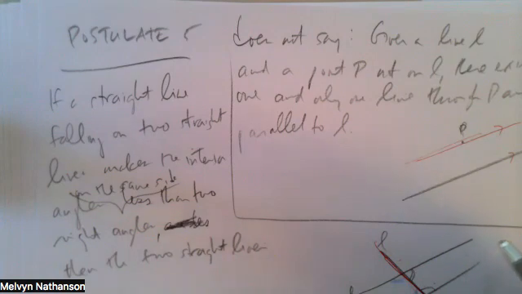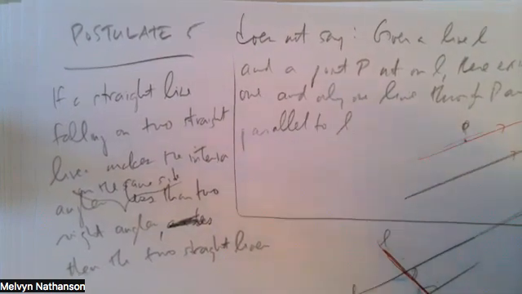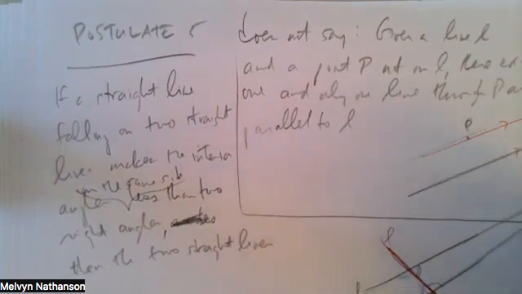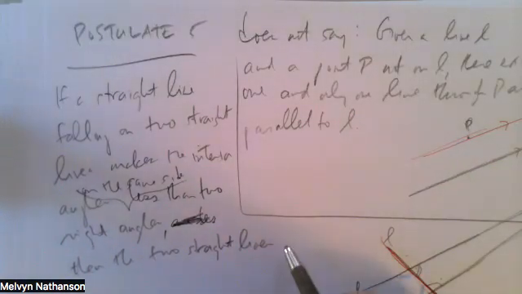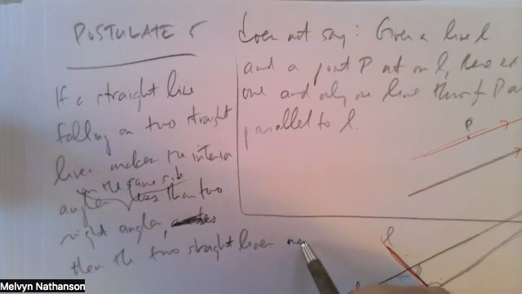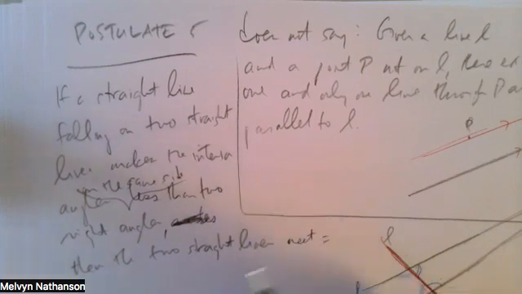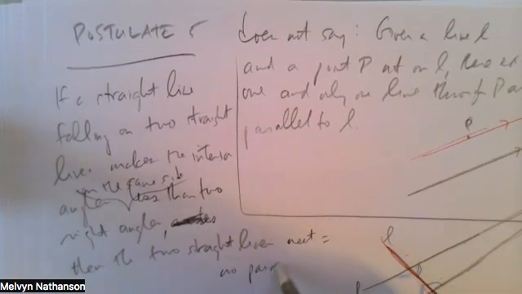In other words, these two angles add up to less than two right angles. You take these lines and extend them indefinitely, they're going to cross. So then the two straight lines meet, which is another way of saying they're not parallel.